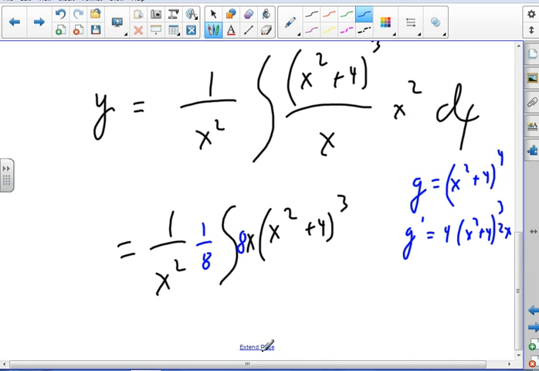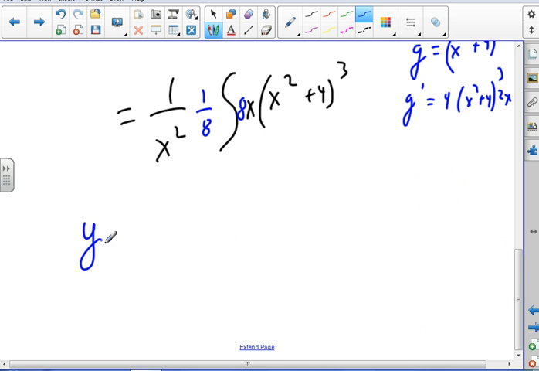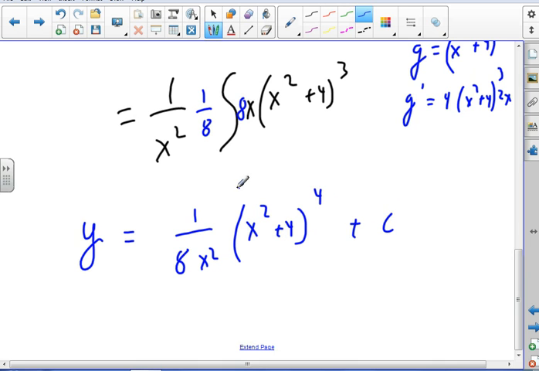Okay, so if I do that, I can have y is equal to 1 over 8 x squared times (x squared plus 4) to the 4th plus c, like that. And I could call that done if I wanted to.